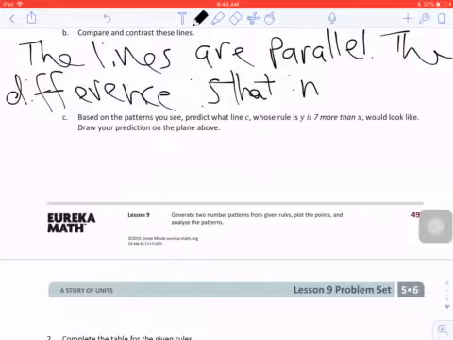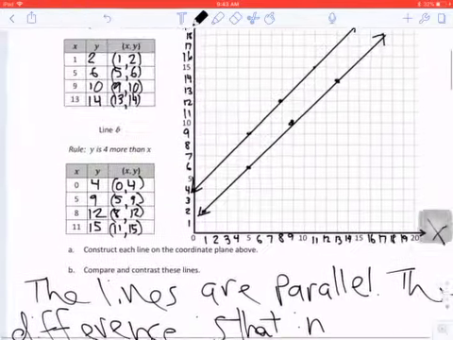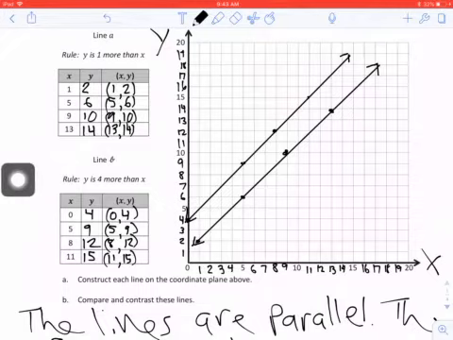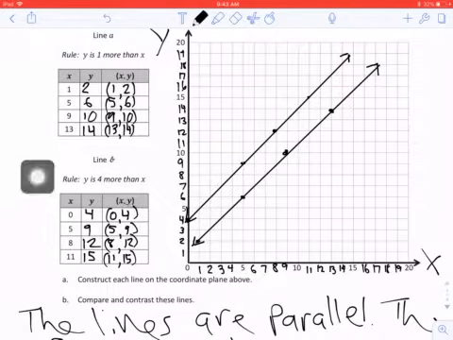Okay, so I'm predicting, and I'm just going to go ahead and say it and you can write it. I'm predicting that line C will be parallel to both lines A and B. When I think about what it's going to look like, since 7 is just going to be 3 more than this previous one, I'm predicting that it's going to be just about 3 spaces above on this line.